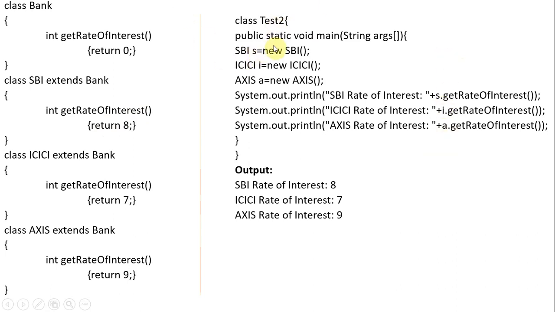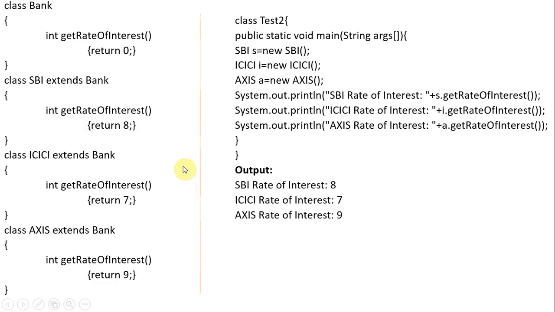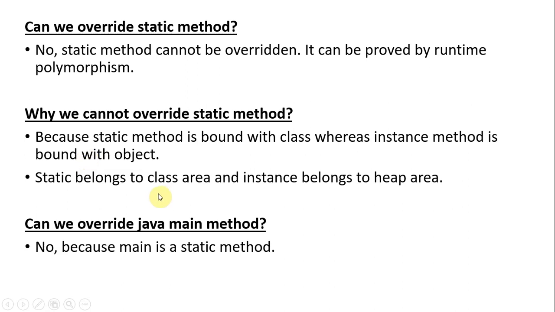If it is a static method, there is no need for any object creation, and it will be called by the class. So if you want to call a method with an object, then those methods can be overridden, not static methods. Static belongs to the class area and instance belongs to the heap area.